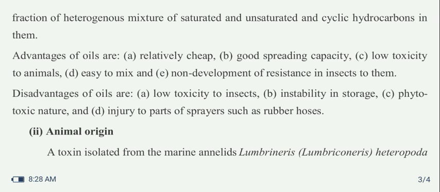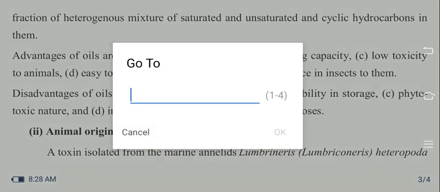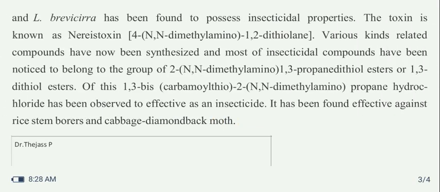Then animal origin: a toxin isolated from the marine annelids Lumbriconereis heteropoda and L. brevisetosa has been found to possess insecticidal properties. The toxin is known as nereistoxin, 4-N,N-dimethylamino-1,2-dithiolane. Various related compounds have now been synthesized, and most of the insecticidal compounds belong to the group of 2-N,N-diethylamino-1,3-propane dithiol esters.